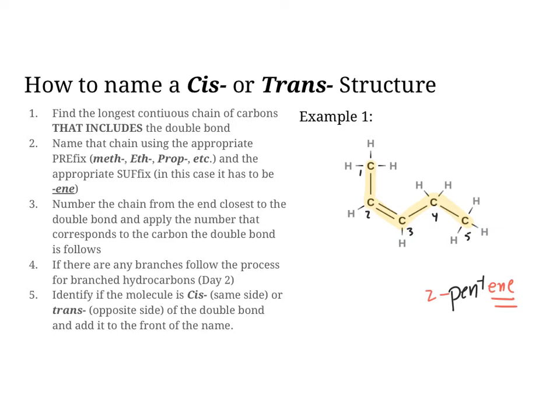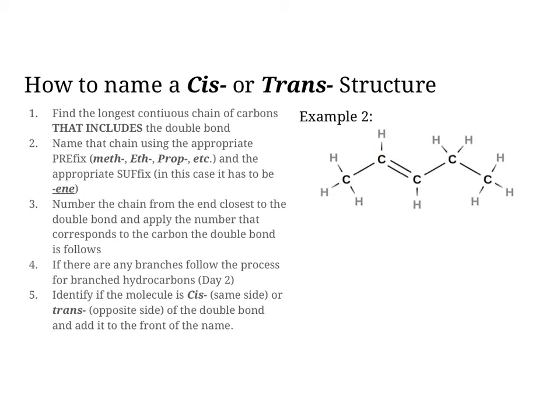But if we were going to identify whether it is a cis or a trans geometric isomer, I'm going to take a look at where the hydrogens are located. They appear to be on the same side of the double bond, which means that this is a cis-2-pentene.